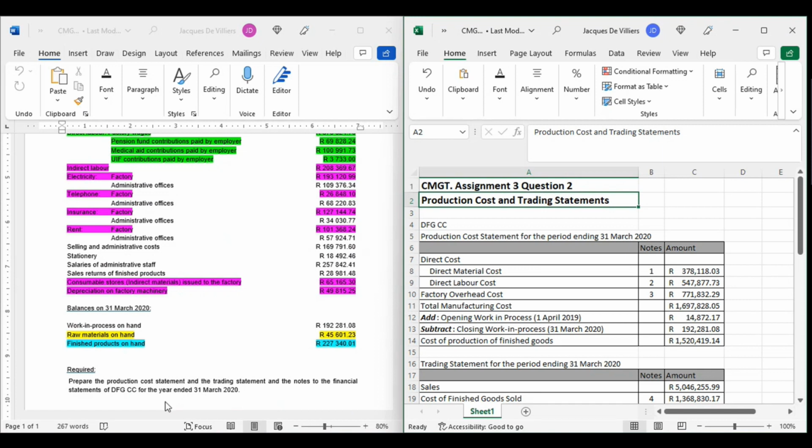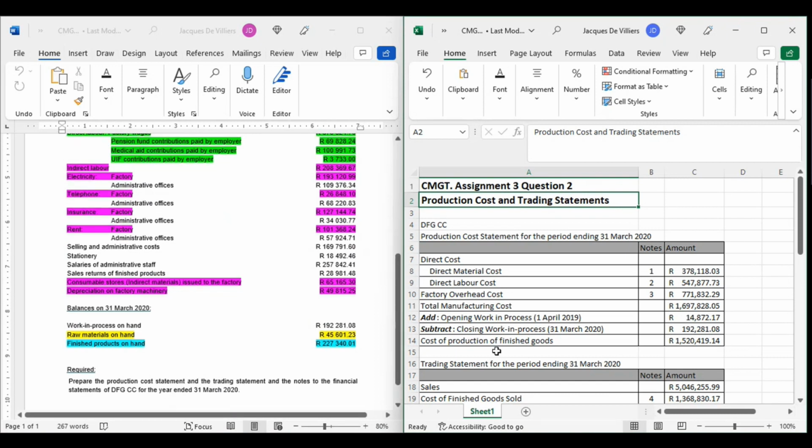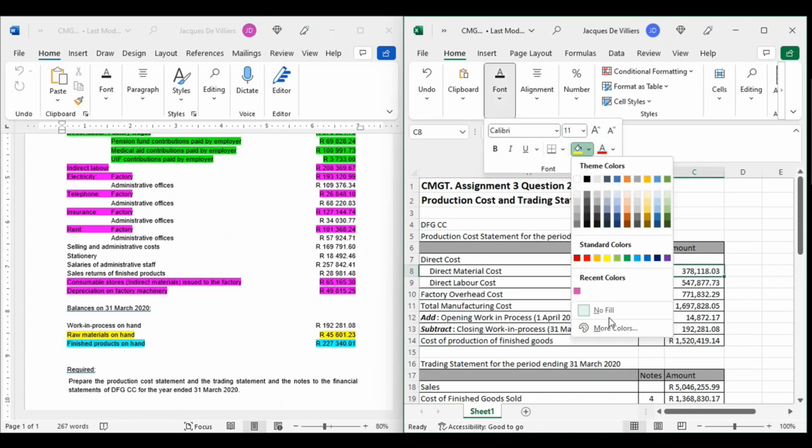Now, in this question, it says that we must prepare the notes. Now, the notes is nothing else but the calculation that we do in order to get to the answer there. So when you start, obviously, you will not have an answer there yet.